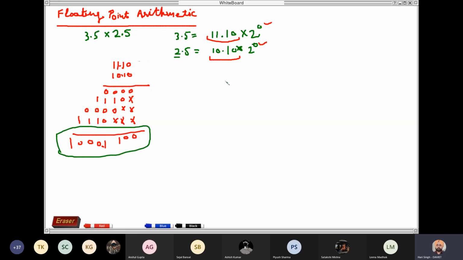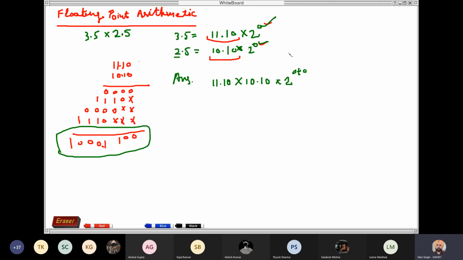Now we can write the answer. The multiplication of the numbers will be the mantissa of the first number times the mantissa of the second number, into 2 power 0 plus 0.